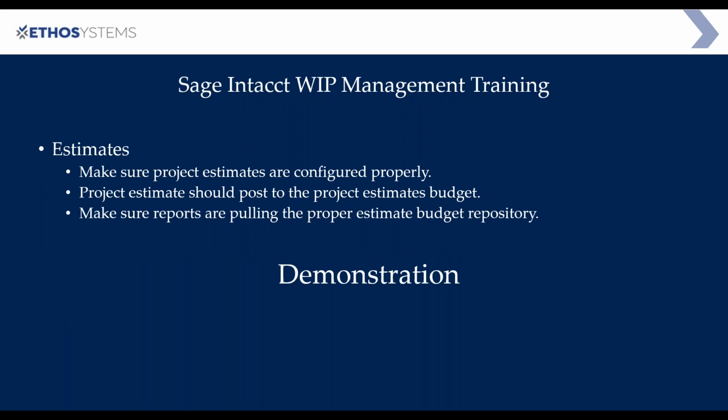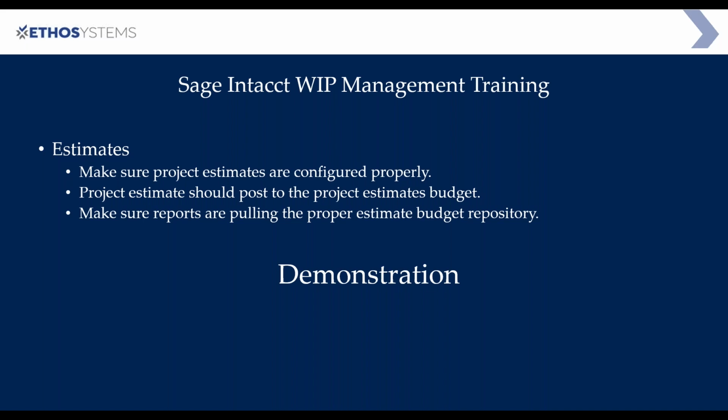Okay, so the first thing I want to go through is estimates. The Sage Intacct WIP management functionality uses project estimates. Some of you might have it renamed as the jobs application, so it might be job estimates, but they use those to help in the WIP calculation. So the first thing you need to make sure is that you are configured to use project estimates and that it's configured properly.